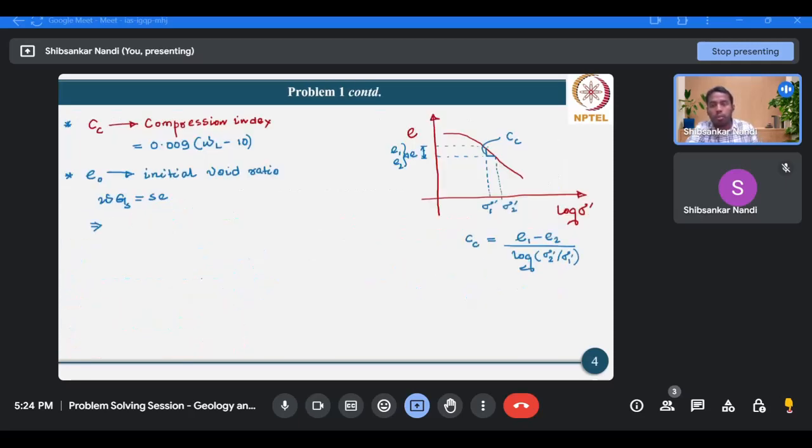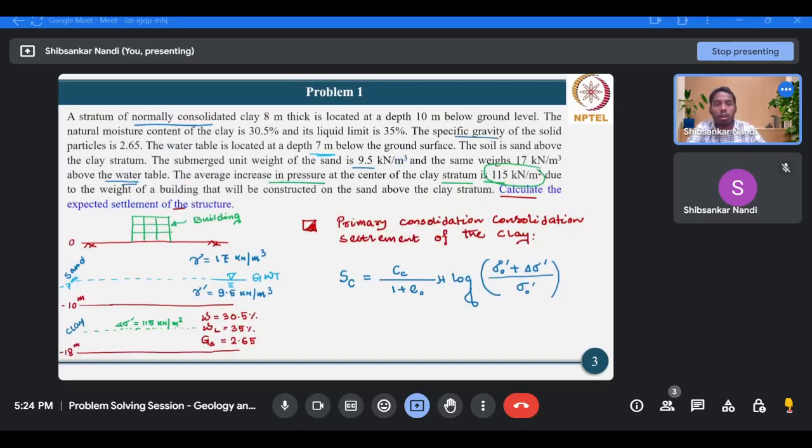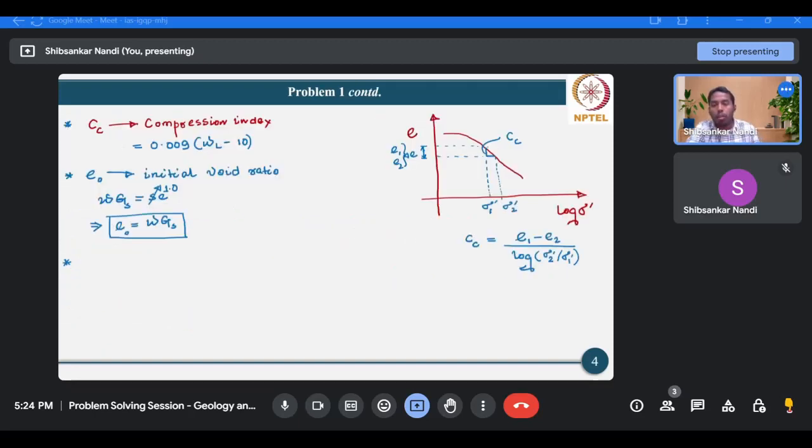So therefore, this S value would become 1. So E would be W times GS. Okay. So we know the natural moisture content of the clay. We know the specific gravity of the solid particles. So therefore, we'll be able to calculate the initial void ratio of the clay.